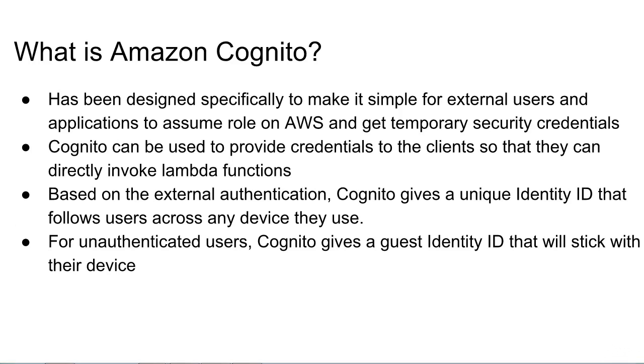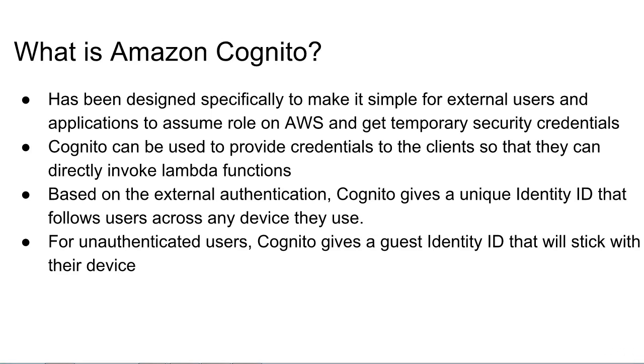In this way, Cognito supports two kinds of identities, unauthenticated and authenticated, and each will have a different IAM role associated with them, and that IAM role will be assumed using the returned credentials.